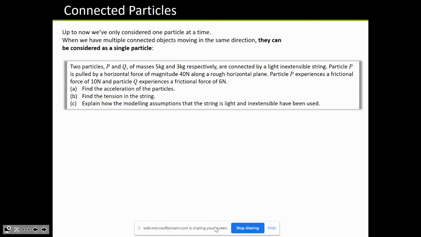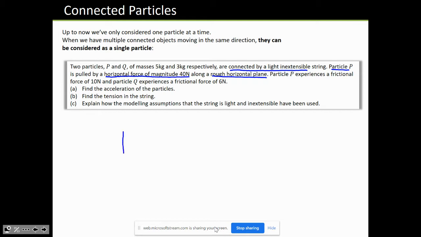When you've got more than one object, we consider them to be separate or together. In this example, our two particles P and Q are connected by a light inextensible string, and particle P is being pulled by a horizontal force of magnitude 40 newtons along a rough horizontal plane.